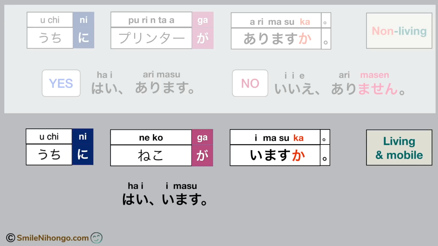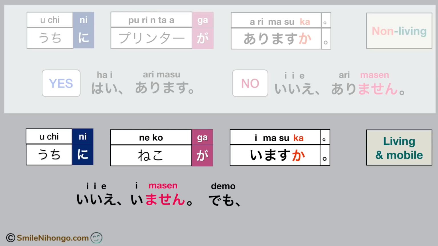You can also respond, はい、います。犬もいます。Yes, I do. I also have a dog. Or, いいえ、いません。でも、犬はいます。No, I don't, but I have a dog.